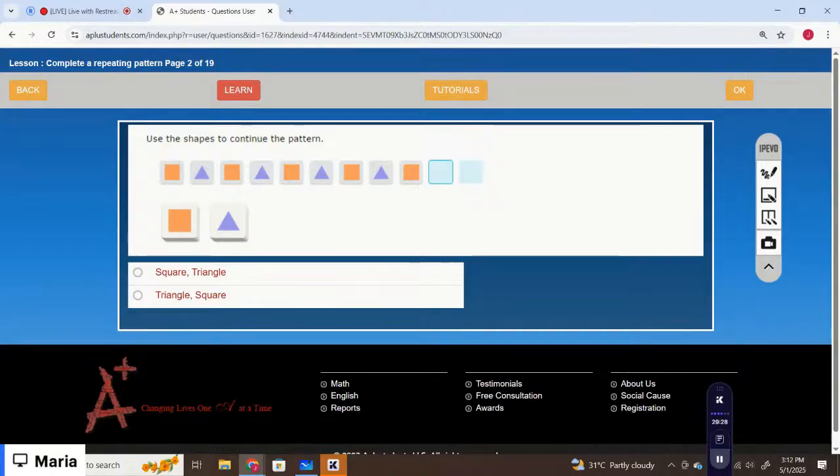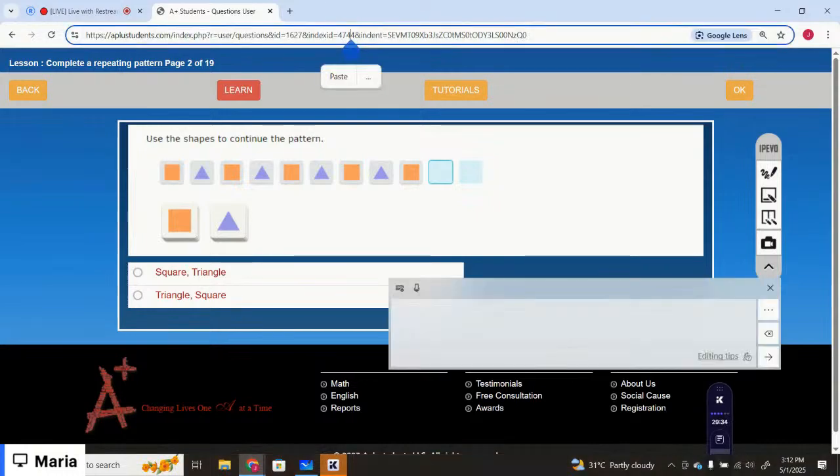Use the shapes to continue the pattern. So square and triangle, then square, triangle. So they keep repeating themselves. So the missing one.